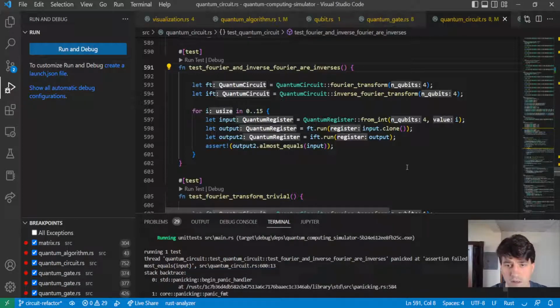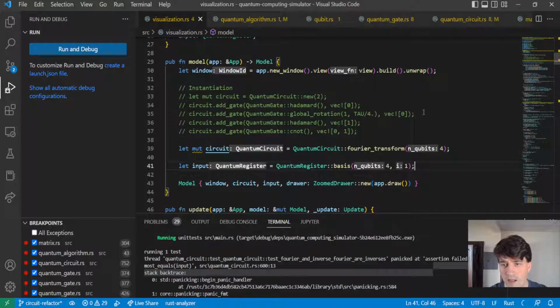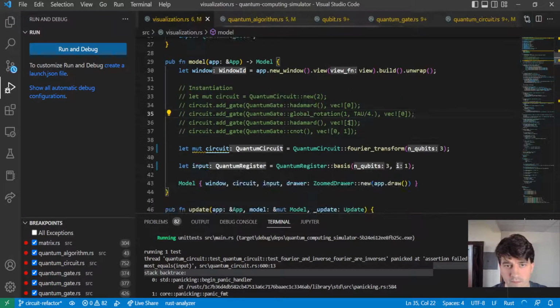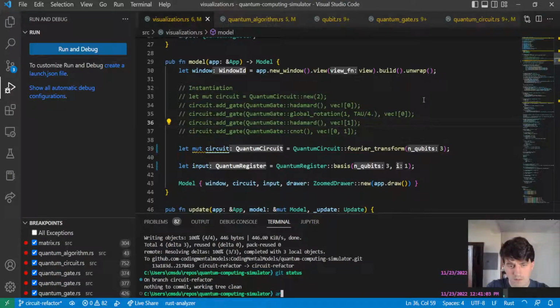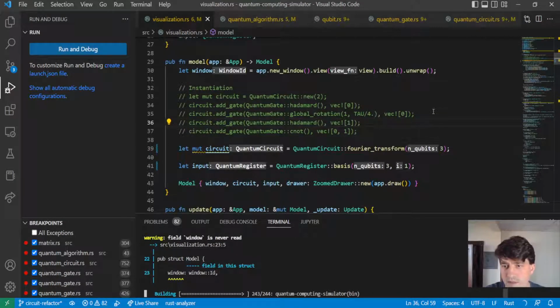Okay, let's go ahead and visualize that. And let's use 3 qubits. And cargo. This is a regular forward Fourier transform. I just want to remind myself visually of what it looks like.